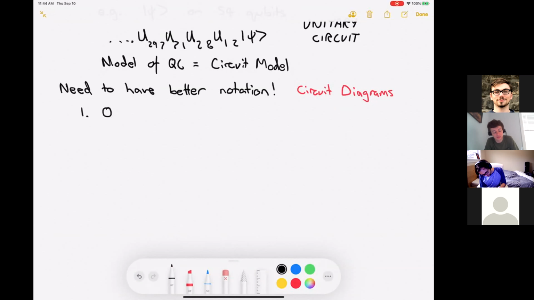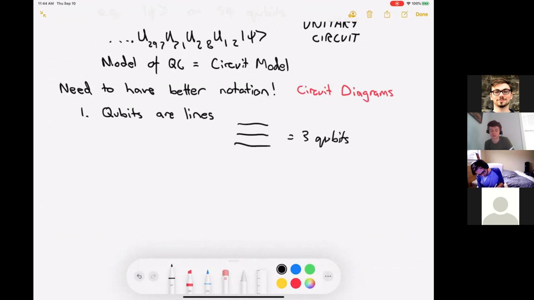in this notation, qubits are written as lines. Okay, so if I have, say, 3 lines here, that equals the tensor product of 3 qubits. I should note, sometimes one line can mean a larger Hilbert space than just a qubit.